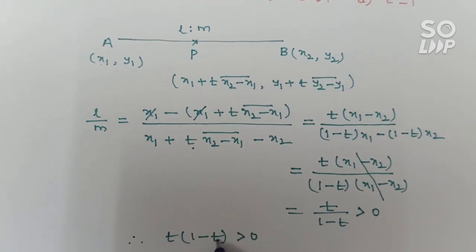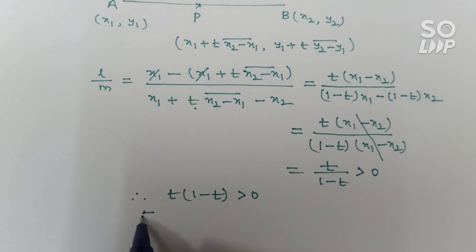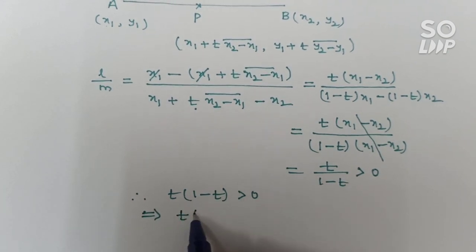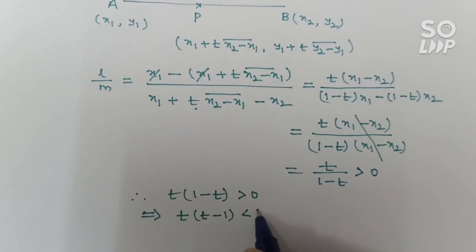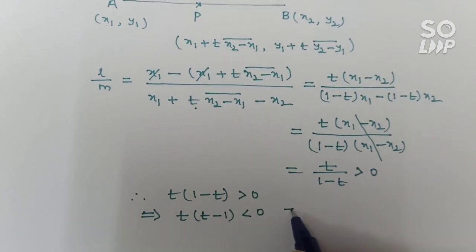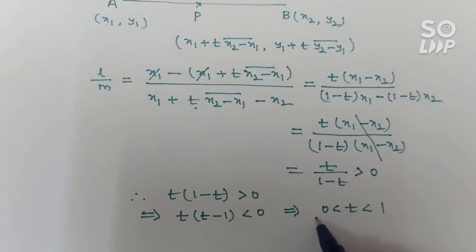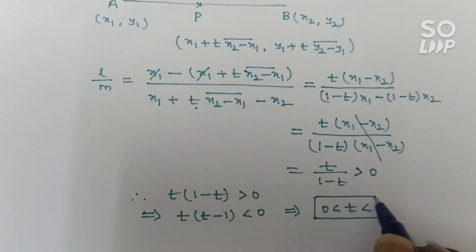Here 1 minus t you write as t minus 1, so multiplying with the minus, t into t minus 1 is less than 0. By using the wavy curve, 0 is less than t is less than 1. So this one is the required interval of t.